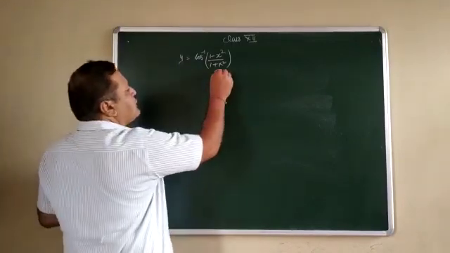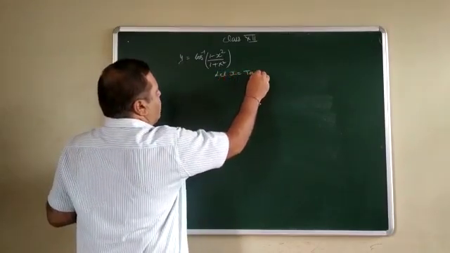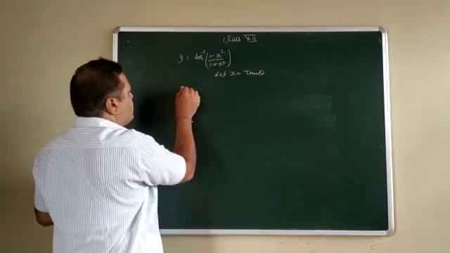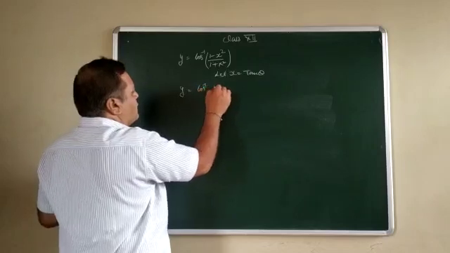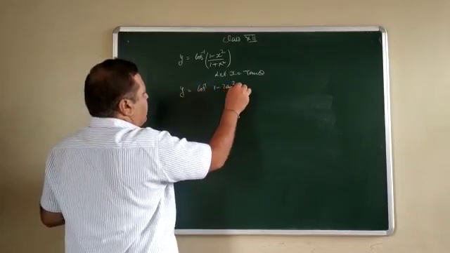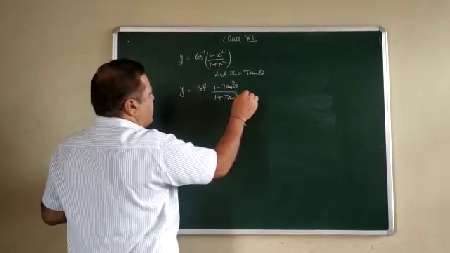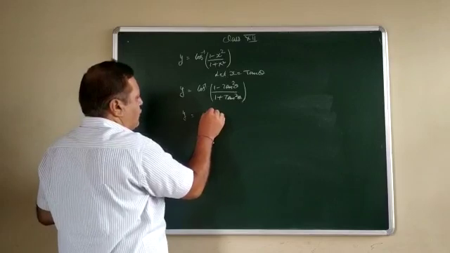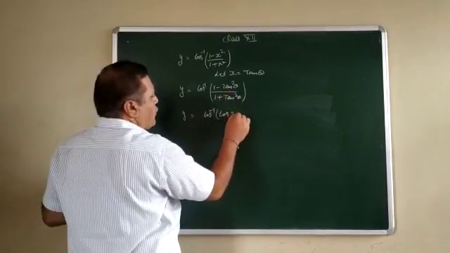So let us suppose x is equal to tangent of theta. Then we take its substitution. y is equal to cos inverse of (1 minus tangent square theta) upon (1 plus tangent square theta). y is equal to cos inverse cos of 2 theta.